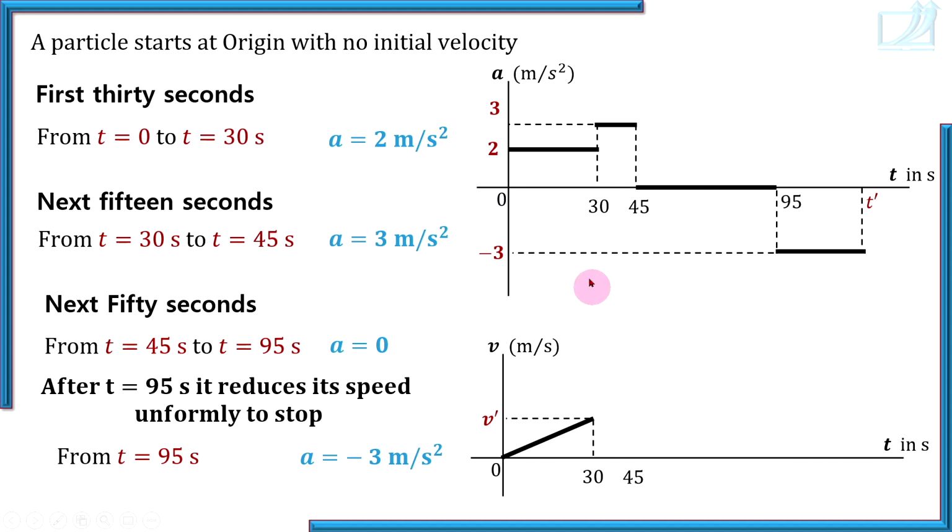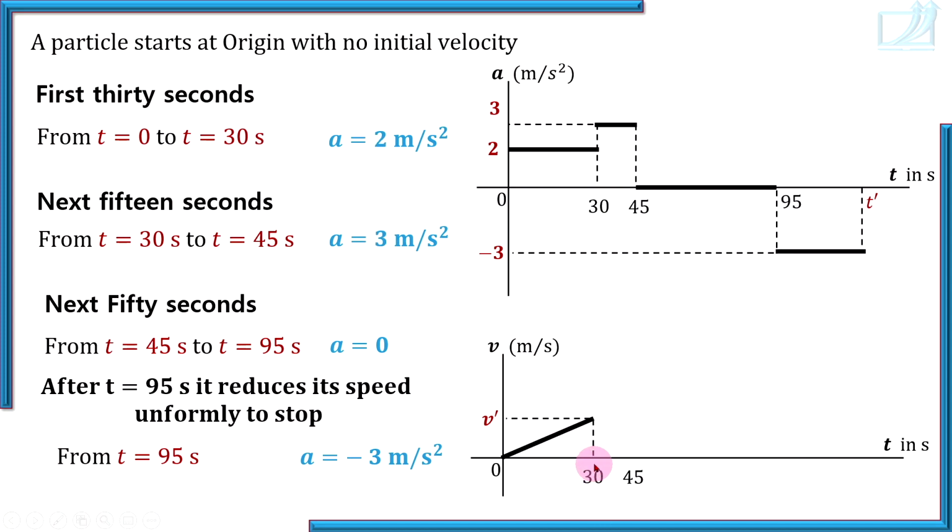But the important thing is whether you have understood that acceleration is the slope of the VT diagram, and can you use that information to draw the VT diagram. Now listen here, acceleration is 3 meters per second squared, and in the first time interval it is 2 meters per second squared. So in this interval, from 30 to 45 seconds, acceleration is greater than in the earlier interval.